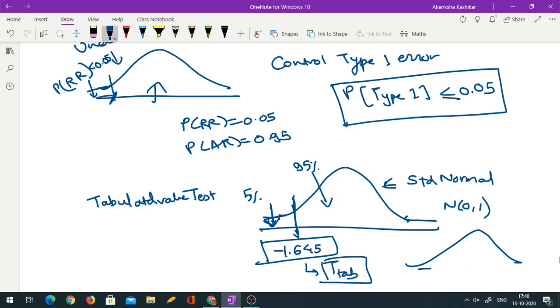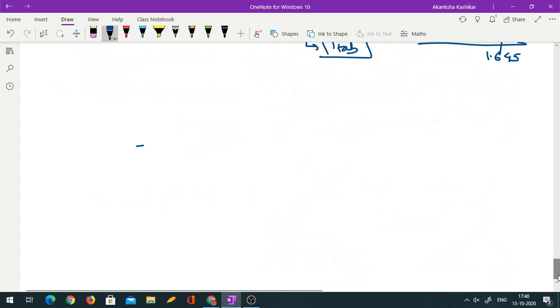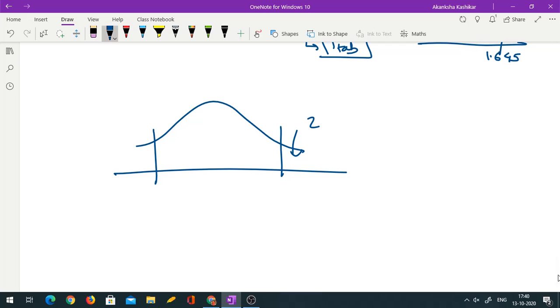Okay, if my rejection region is on this side for standard normal, this would be plus 1.645, and if I have to divide my rejection region into two parts, then I need only 2.5% on either side, because the total has to be 5. So this becomes minus 1.96 and this becomes plus 1.96 roughly. Okay.